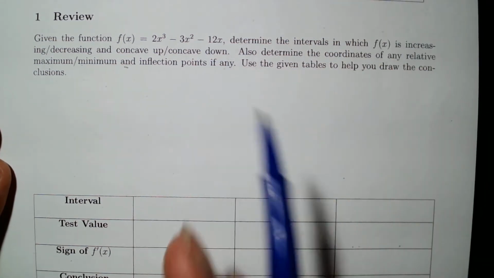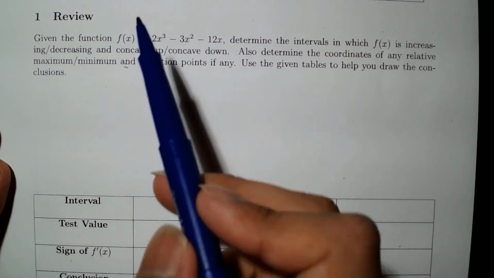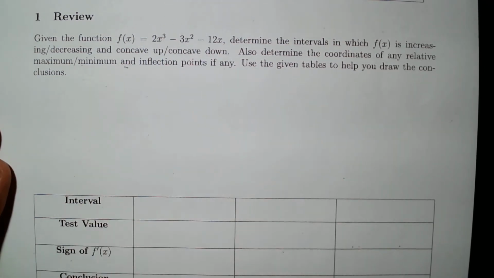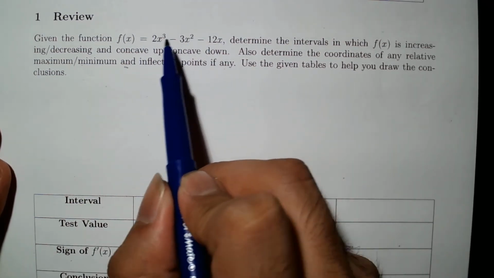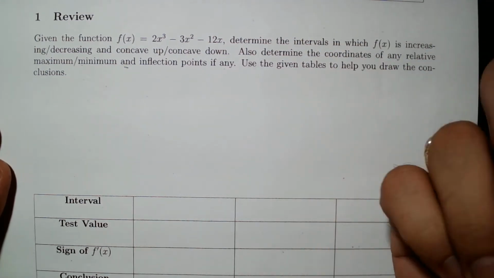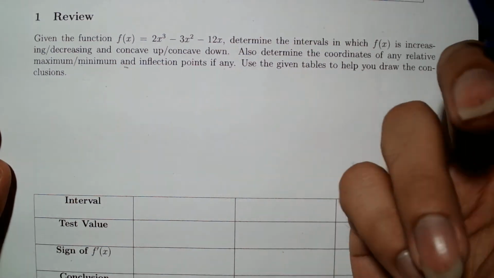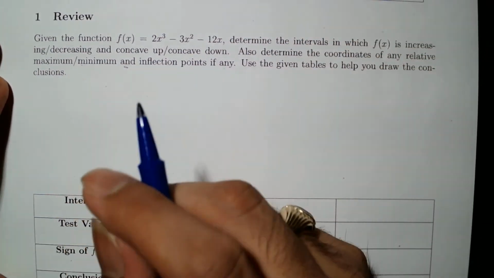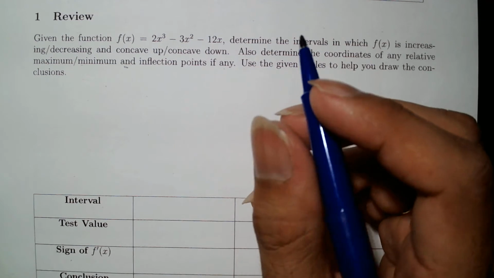And then we're going to use all that information to make a rough sketch of the graph. Of course, if you look at this, it's a polynomial. It's not going to be something really hard to graph by plotting points or using your graphing calculator. Alright, so let's have a look.